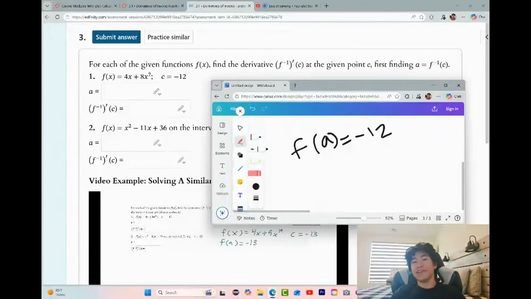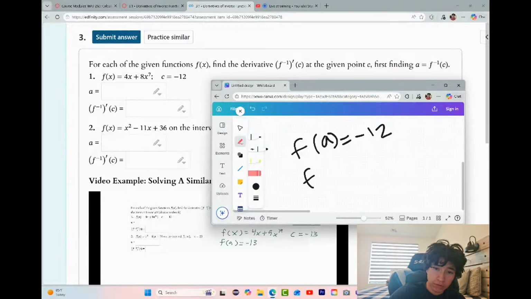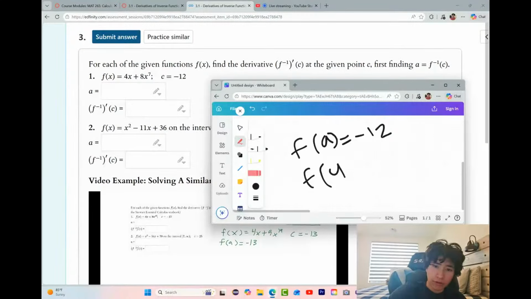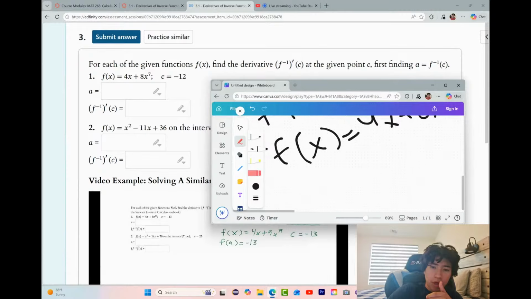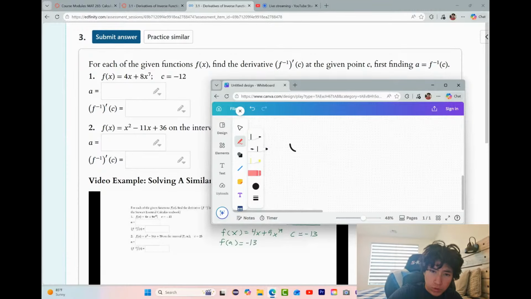So now we just gotta find what the a is. So is that saying what value of x in f of x equals 4x plus 8x to the power of 7 equals negative 12? Well, I have no idea, but we're doing it anyway.